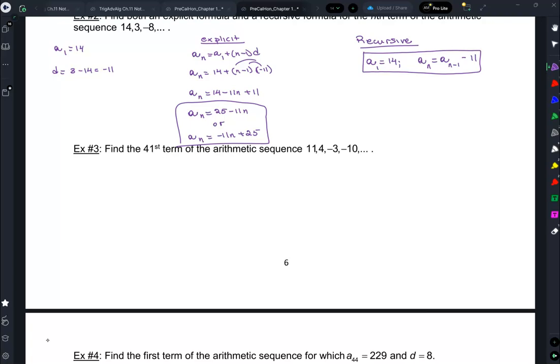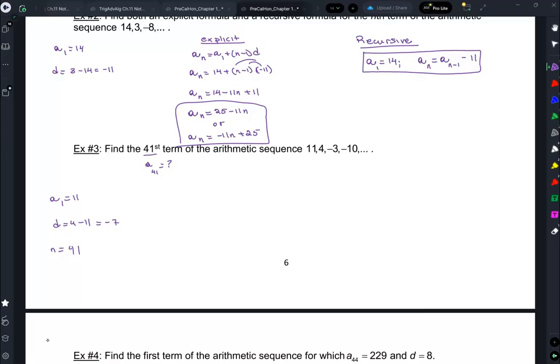Find the 41st term of the sequence. So I need A sub 41. Okay, what do we have? A1 is 11. D is 4 minus 11, which is negative 7. And if I'm finding the 41st term, then n is 41.